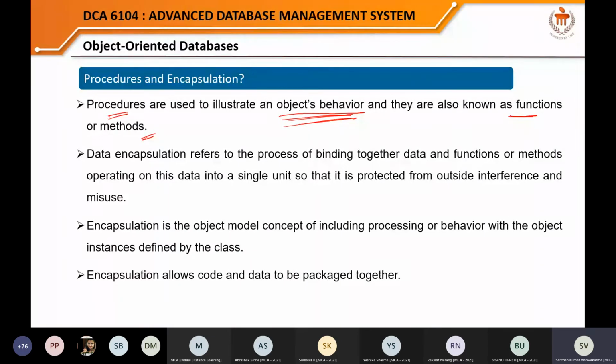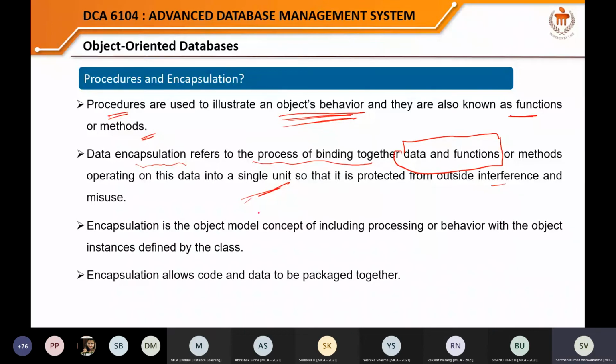Now, a very important part, which I stated at the very beginning: data encapsulation. It refers to the process of binding together data and functions. Very important, right? If you bind the data and functions in a single unit, it is data encapsulation. So it may be used for further interference and uses.